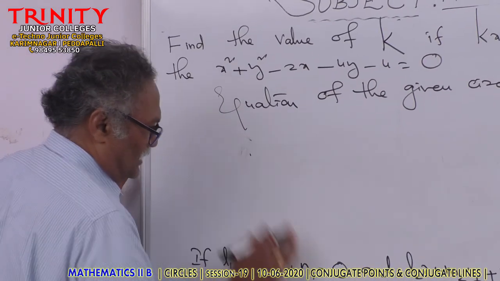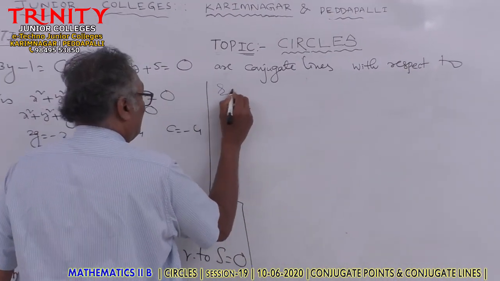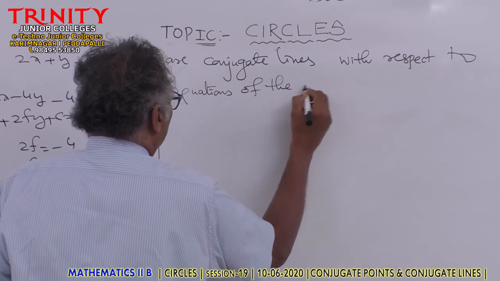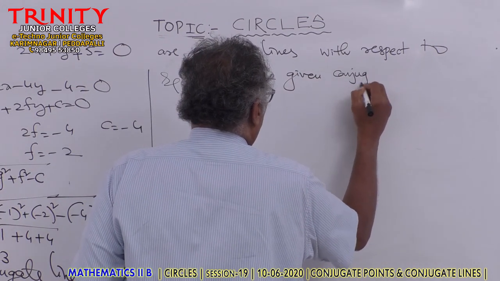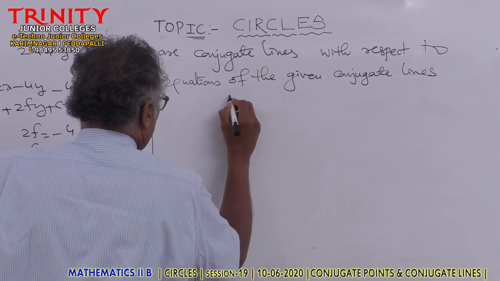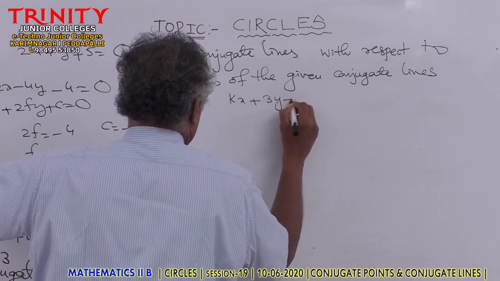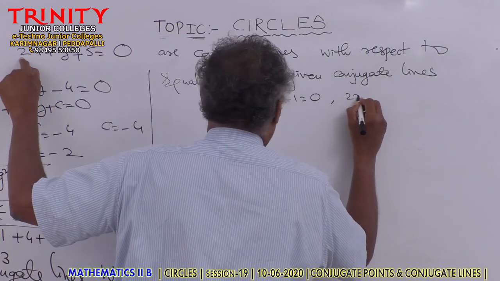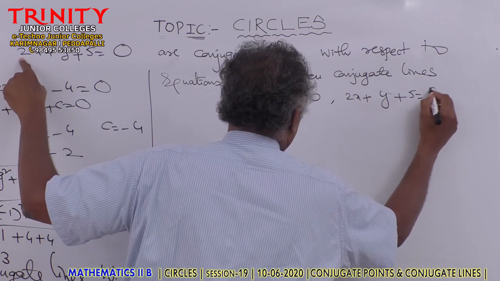These are the equations of the given conjugate lines: kx plus 3y minus 1 is equal to 0 and 2x plus y plus 5 is equal to 0.